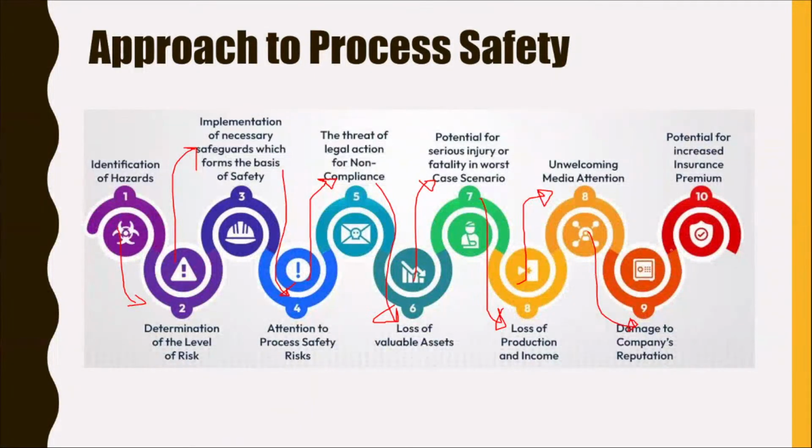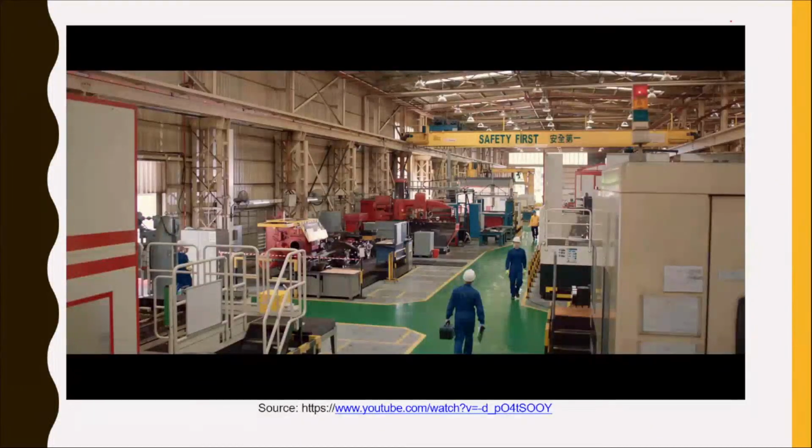Then there is the potential for increased insurance premiums, and sometimes the insurance may not cover accidents if you are not following the correct procedures. So that is the approach for process safety. You have to identify the hazards available in your workplace, then eliminate them, or at least control them. I will play two videos to give an idea of workplace safety.